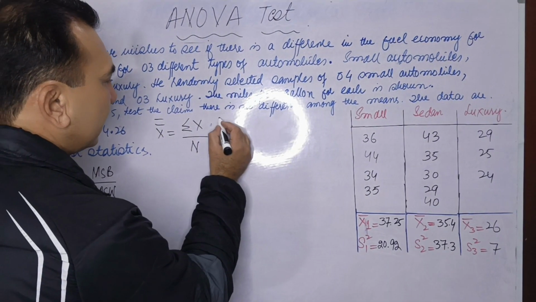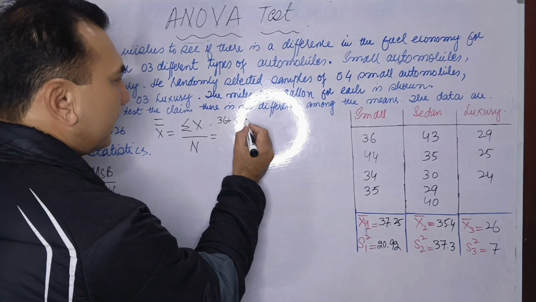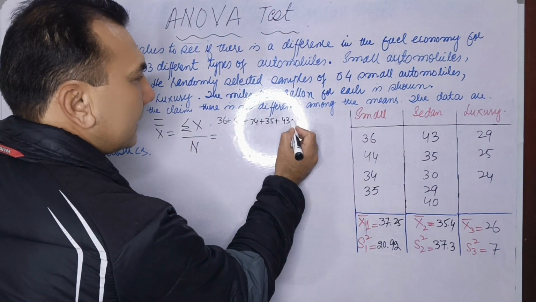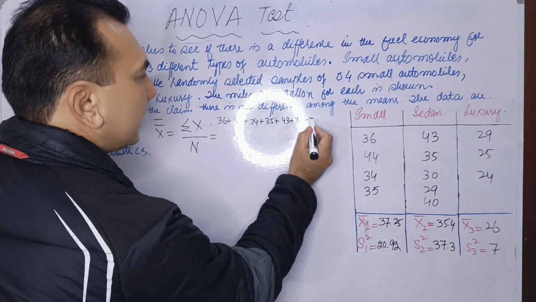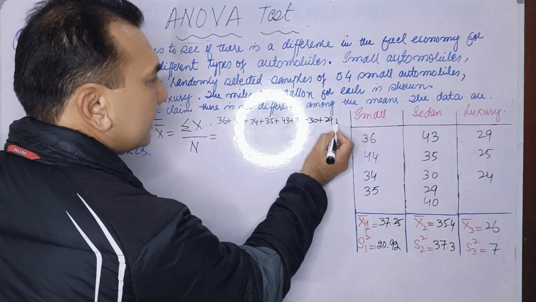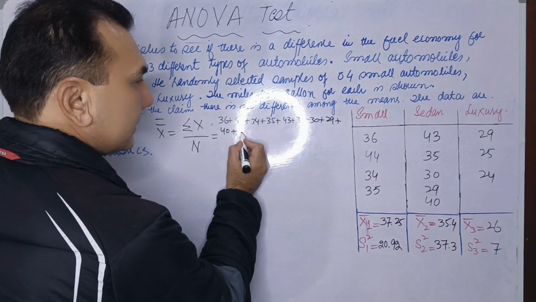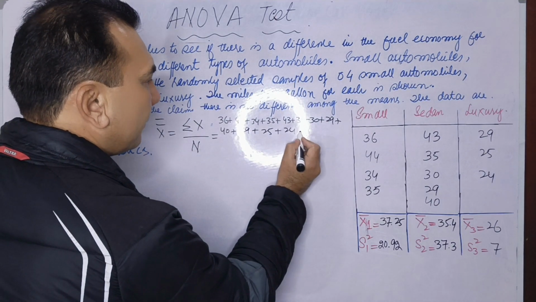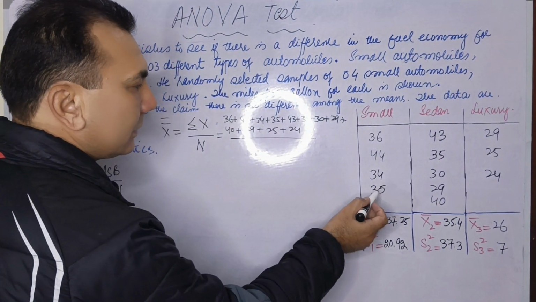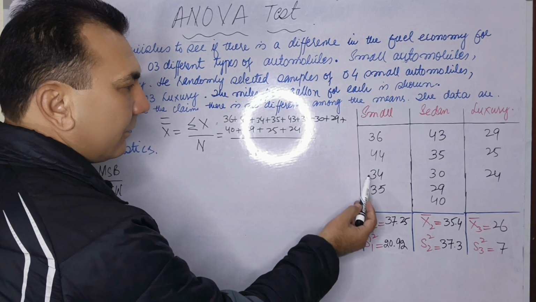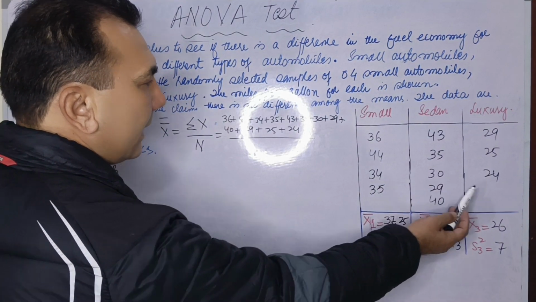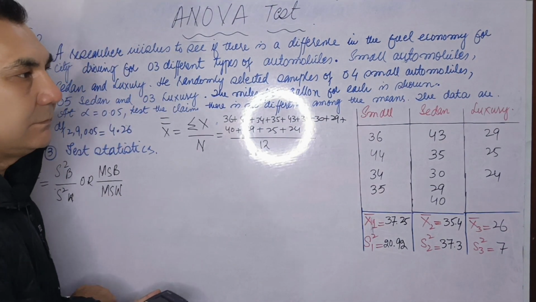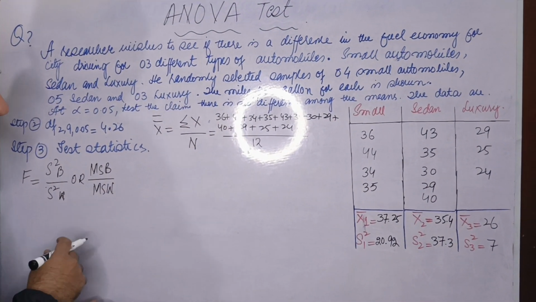Now what we will do: 36 plus 44 plus 34 plus 35 plus 43 plus 35 plus 30 plus 29 plus 40 plus 29 plus 25 plus 24, then we will divide it by the total number. How many total numbers? 4 plus 5 is 9, 9 plus 3 is 12, then we will divide by 12.